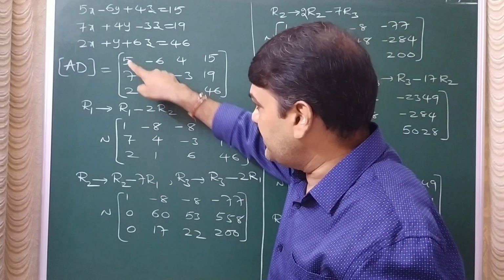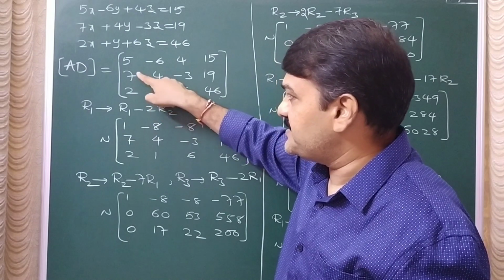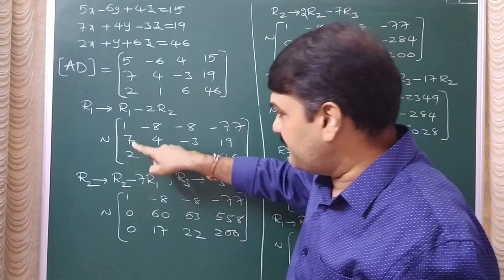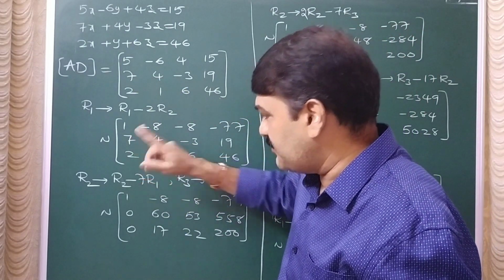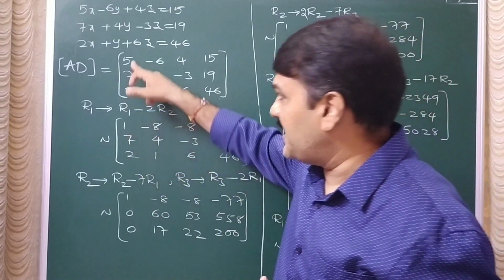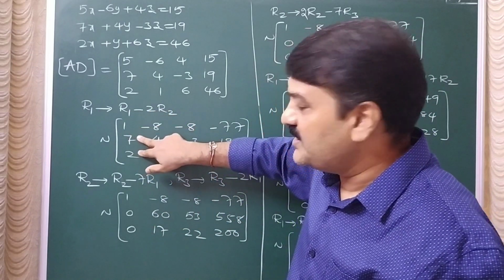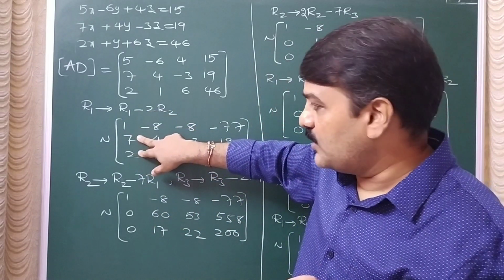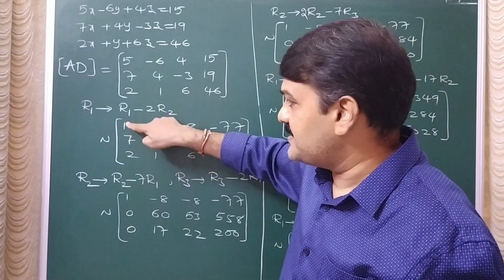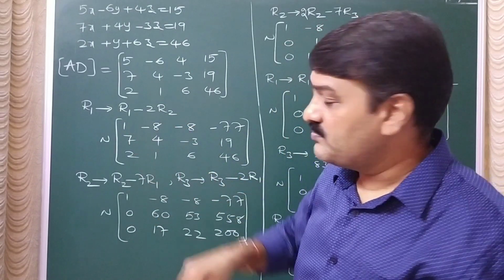Once we get 1 in this place, we have to get zeros in these two places. Using this first element 1, which we have made here, we'll try to get zeros in these two places. How? R2 minus 7R1, 7 minus 7 will give 0.